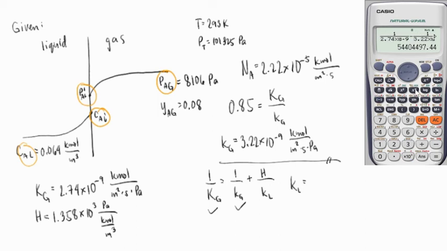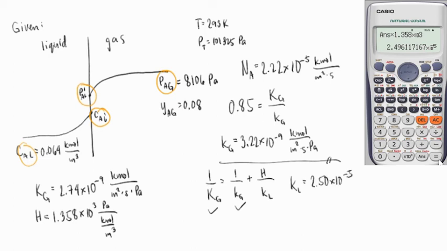And then we can raise this to negative 1 so that we can invert this fraction. What we will have is 1.838 times 10 raised to negative 8 is equal to kl over H. To make this equal to kl, we simply multiply this by the Henry's law constant, 1.358 times 10 raised to 3. Our liquid side mass transfer coefficient is 2.50 times 10 raised to negative 5.